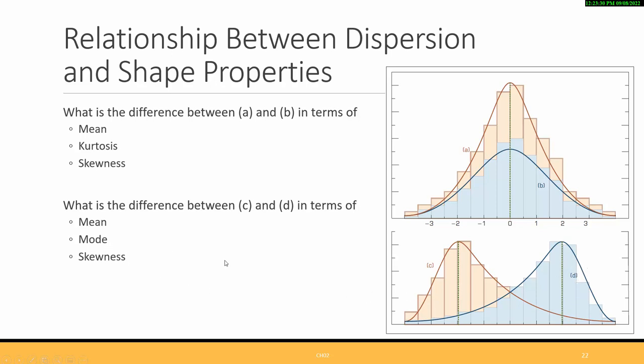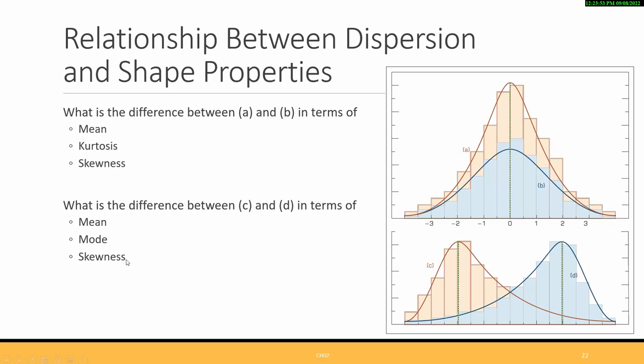Mode is represented by the tallest bar. So for chart C, the tallest bar is again at -2, and for chart D, it is at +2. So again, our modes are different. D has a higher mode. So for D, mode is 2. Here the mode is -2.